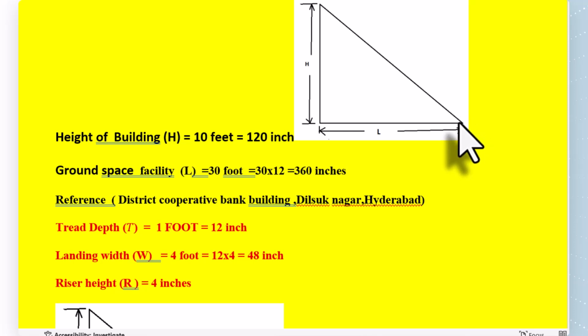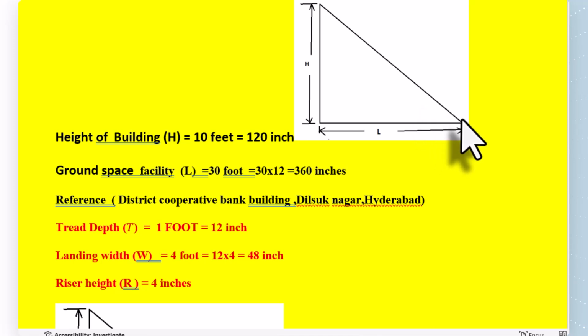So L is represented like this, and this is the height of the building, and we need to design the steps from here to here, so that once this floor is completed, the other floor can be designed in a similar way. To go from here to here, the person should not feel any fatigue. That is the main aim, irrespective of age, whether it's a child, an aged person, a young man or a middle-aged person. It should be just like walking on normal ground.